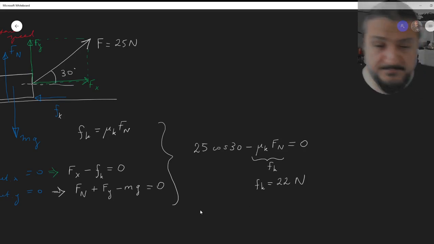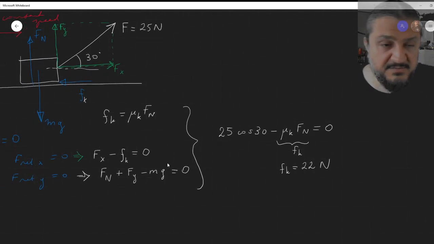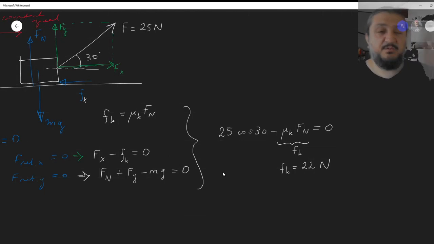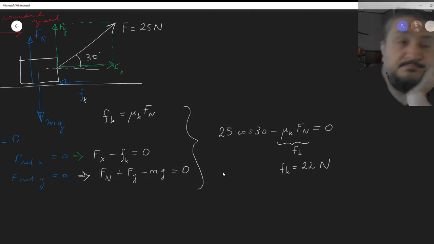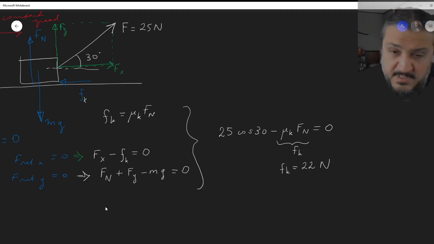Okay, well, what about the other two? I mean, this equation, for instance, can I do anything with it? Well, we already found the solution, but let's play with it to see where it takes us. So, 25 cosine 30, that's 22.